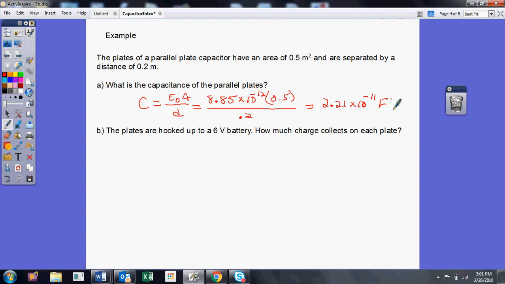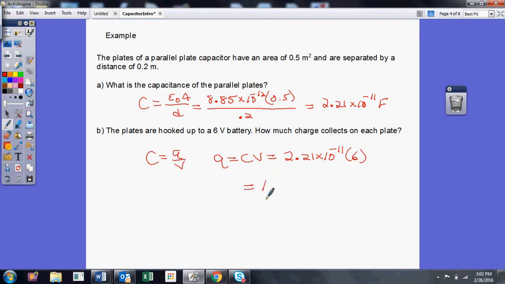If you hook that capacitor up to a 6-volt battery and you want to know how much charge collects on each plate, then we know that the capacitance is the charge per volt. So the charge is the capacitance times the voltage. 2.21 times 10 to the negative 11th times a voltage of 6.